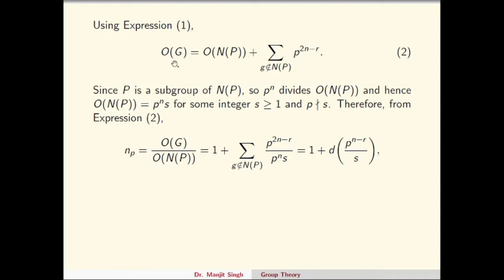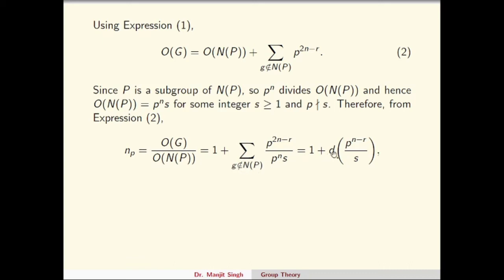When we divide this by the order of N_P, this will be 1, and the order of N_P is P^n S. So you take here P^(n−r) divided by S, and this summation is a finite sum, so there will be a finite number of elements in G which do not belong to N_P.